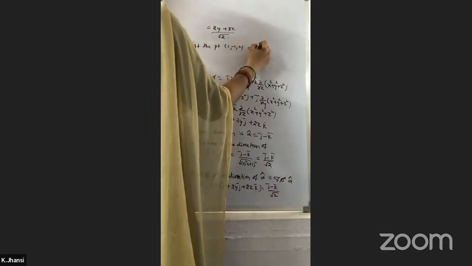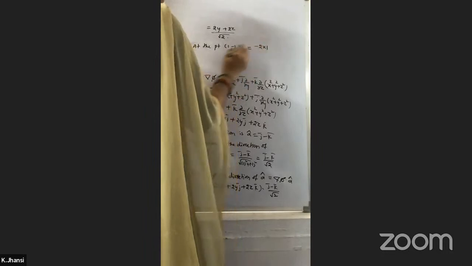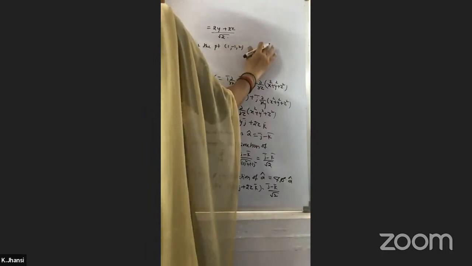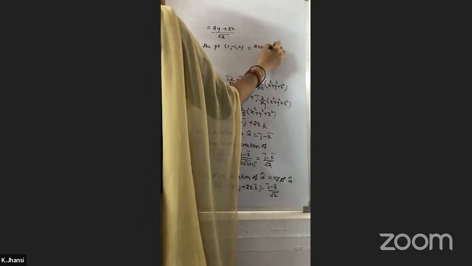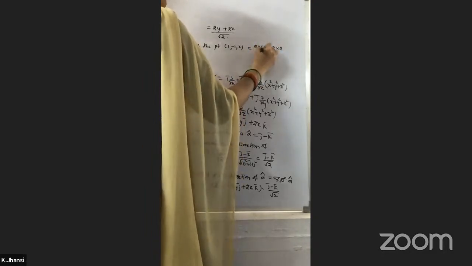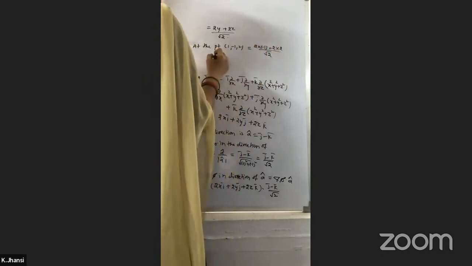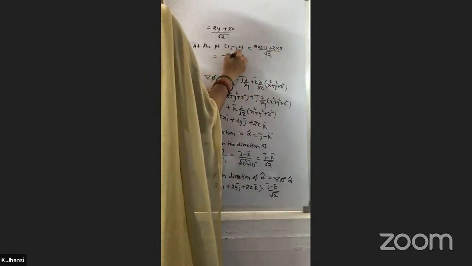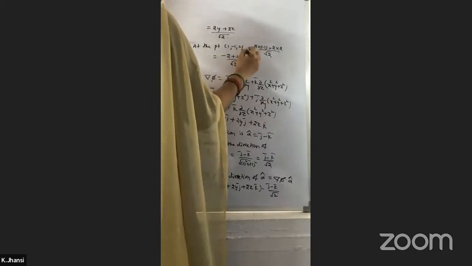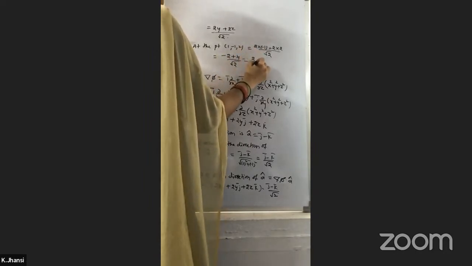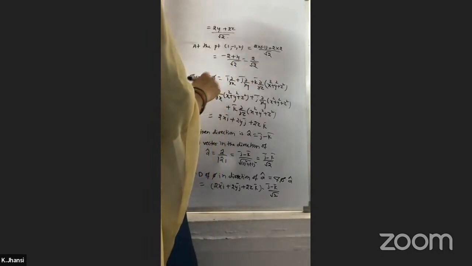So we get minus 2 into 1, or 2 into minus 1 we can write, plus 2 into 2 by root 2. So it is minus 2 plus 2 twos are 4, by root 2. So minus 2 plus 4 means it is 2 by root 2.